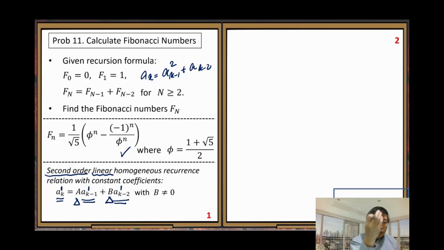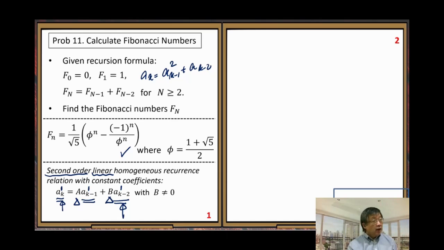The highest subscript, k. The smallest subscript, k minus 2. What is the difference? The difference is 2, right? Second order. 2 corresponds to second order. So that's the reason that we call it second order, not first order.